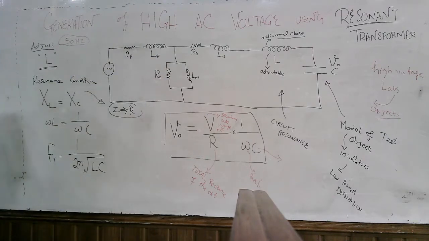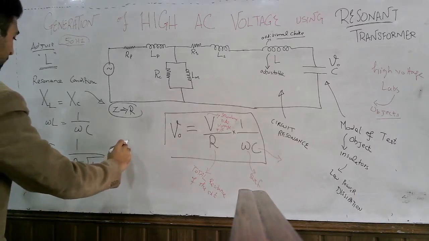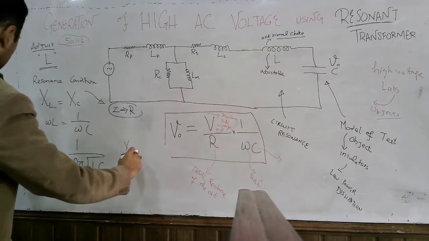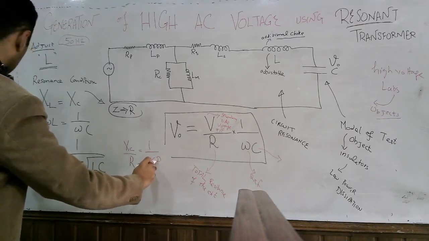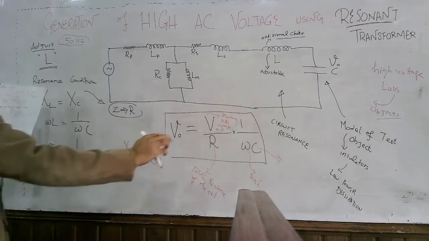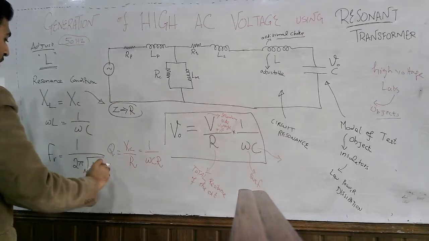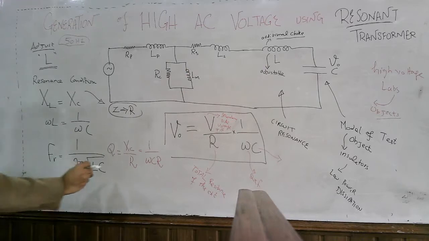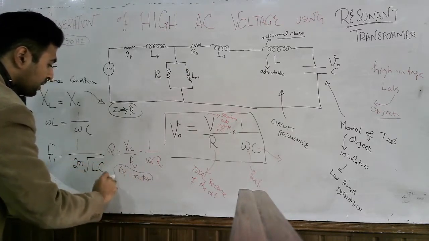And one more thing: the quantity XC by R is equal to 1 by omega C R. So 1 by omega C R is also equal to Q, the Q factor of this resonating circuit, which you have studied in your previous courses.